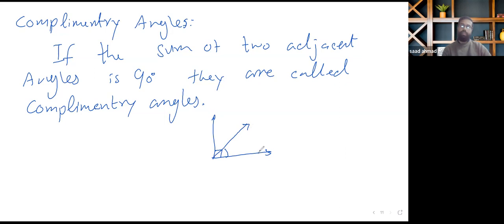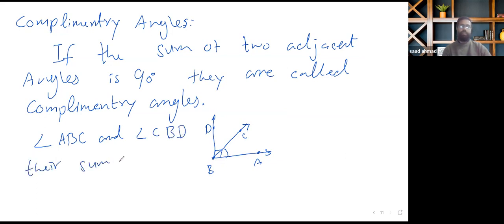Let's give them names: A, B, C, D. So angle ABC and angle CBD, their sum is 90 degrees. So these two are complementary angles.